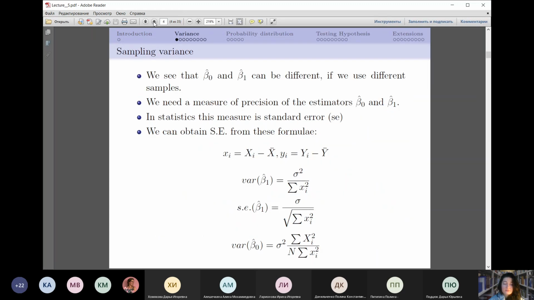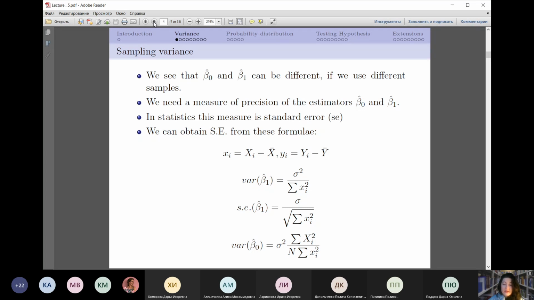Okay, so when we start to talk about the interval estimation, of course, our first step, except the coefficient itself, is that we also need to obtain some variability parameter, or in other words, we need to obtain sampling variance.